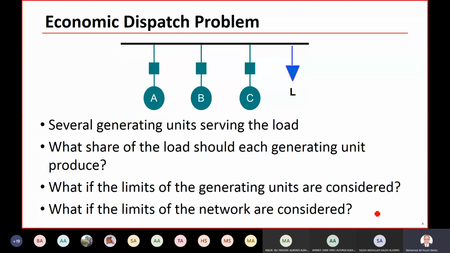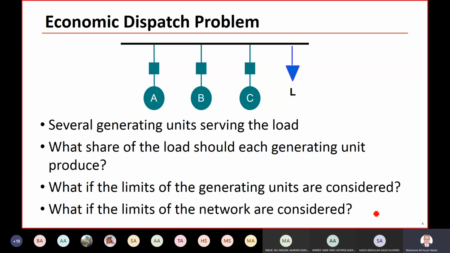Okay. So several generating units serve the load. Definitely, we don't have only one generator to serve the load. The load is distributed over a wide geographical area, and you have different generation plants to be committed. What share of the load should each generating unit produce? This is the solution of the economic dispatch.